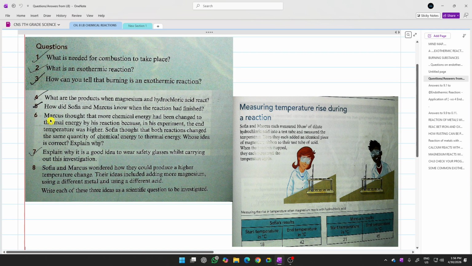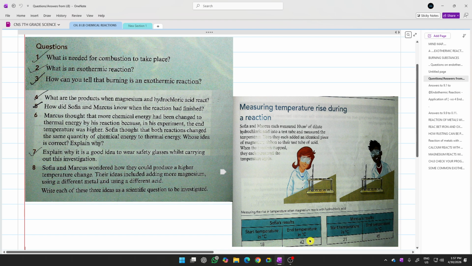Question number 6 is, Marcus thought that more chemical energy has been changed to thermal energy by his reaction because in his experiment the end temperature was higher. Okay. Now try to understand the question. Marcus, when he performed his experiment, the final temperature was 45 degrees centigrade.